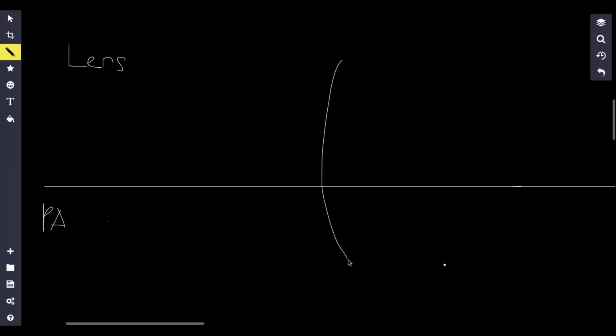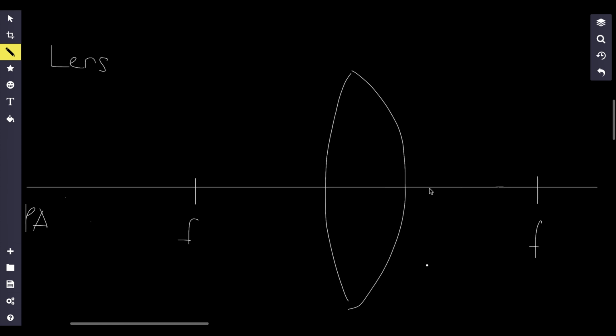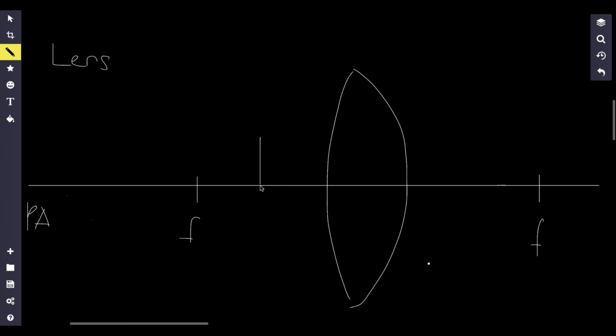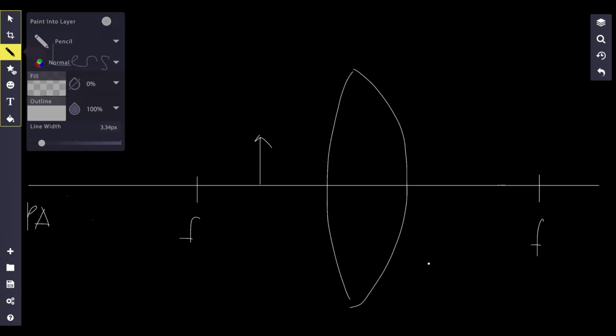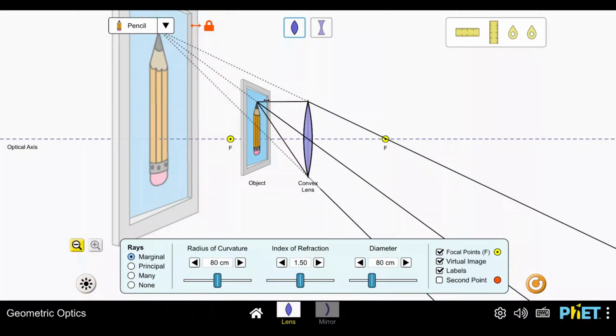So let's say this is my lens, right? This is for the scenario when this is your focal point. This is the opposite focal point on the opposite side. And let's say this is your object right over here. Now, what does the first ray of light do again? Remember, it goes parallel, then through the focal point.